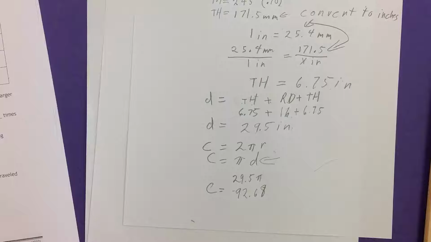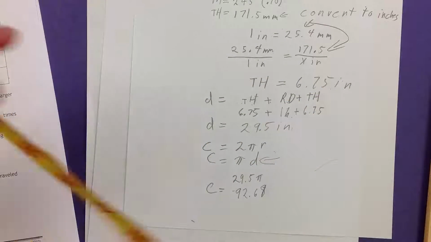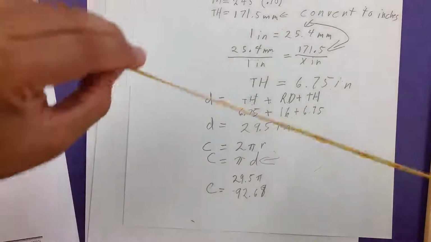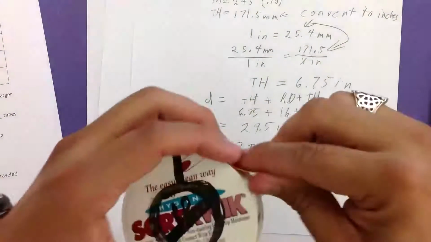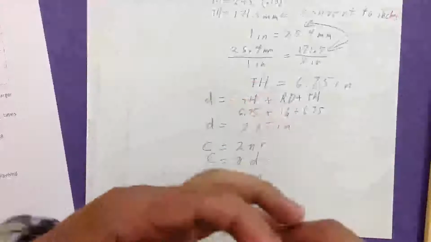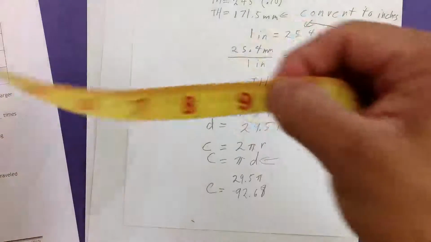Now, what does that do? It's like taking a measuring tape and actually having the tire in front of us, putting this here. This is only if it's inflated properly. So this right here is actually a little bit more than 6 inches.